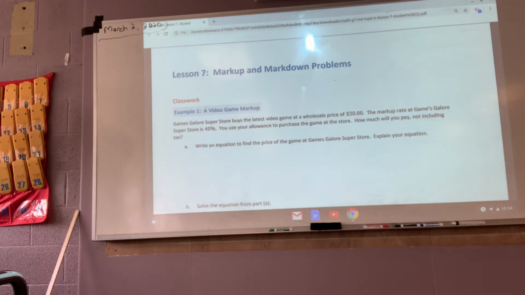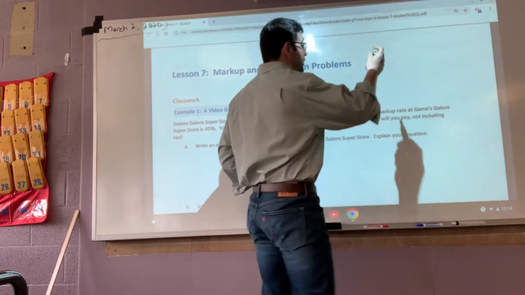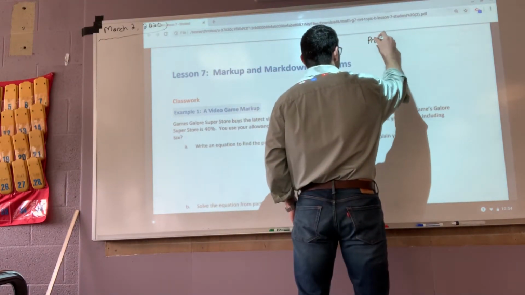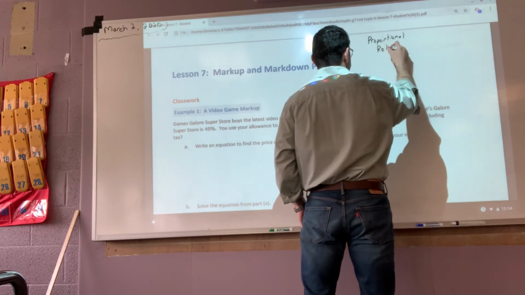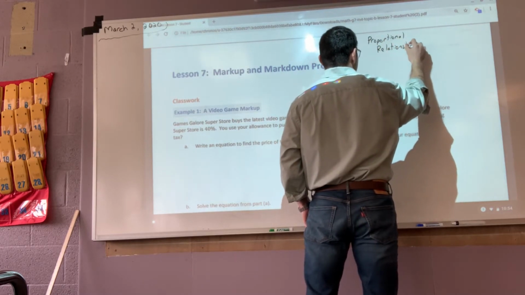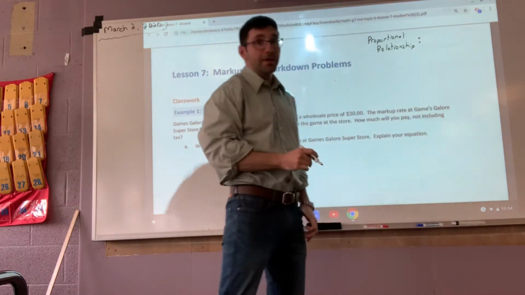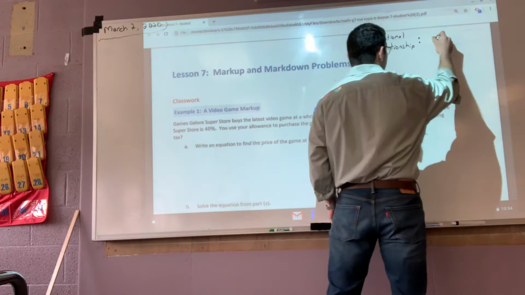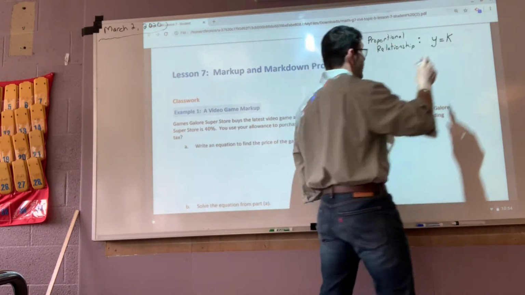Now, when I say proportional relationship, some of you might remember, some of you might not. In a proportional relationship, we wanted an equation in the form y equals k times x, where k was the constant of proportionality.